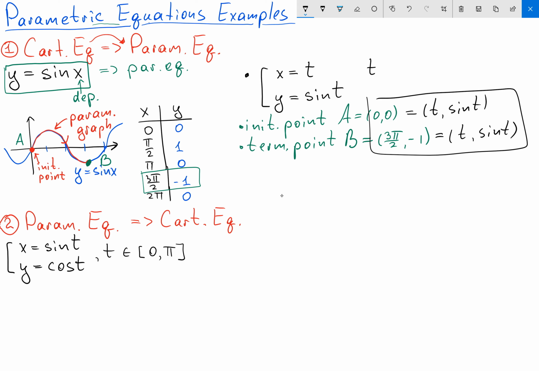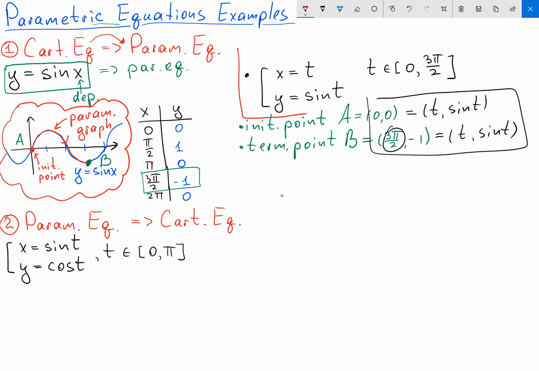My t will start from t equals 0 and go until t equals 3 pi over 2. We can see that for our Cartesian graph, we can choose any path, and we can describe this path in terms of parametric equations. Okay, so this is my first example, and let's move on to the second example.